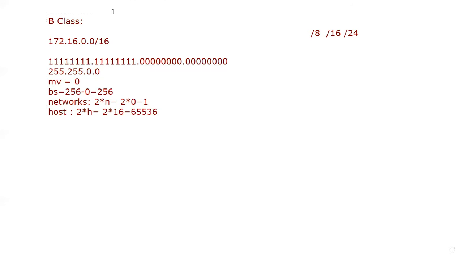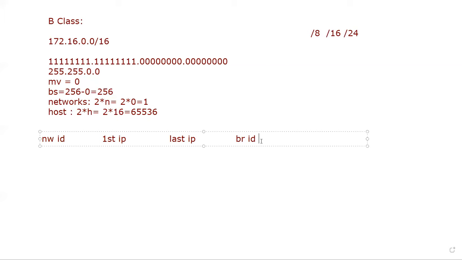So network ID, first IP, last IP, broadcast ID. How to solve this? Because we can easily write up to 255, but how to write up to 65536? This is the important part.